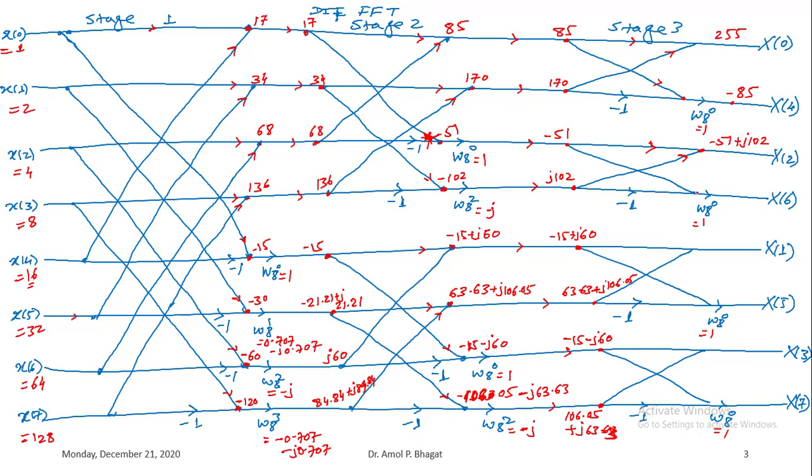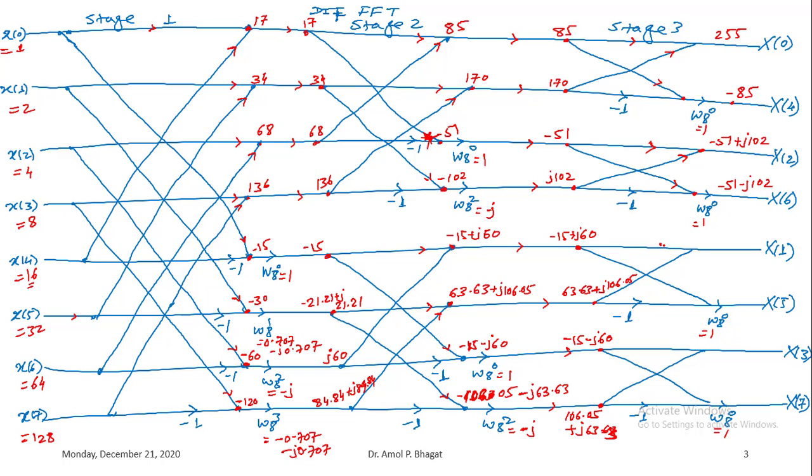Here again minus 51 will get added with this minus J102 multiplied by this again 1, so you will get minus 51 minus J102, right?